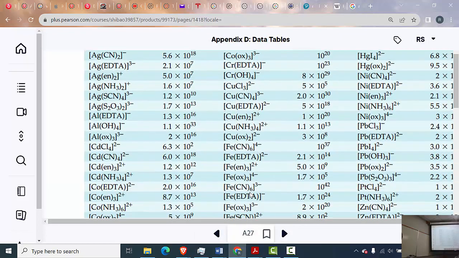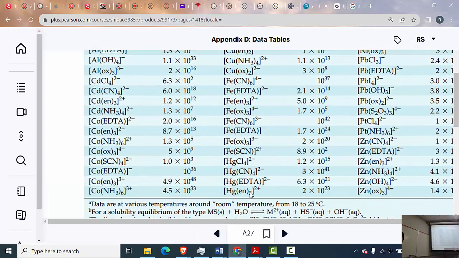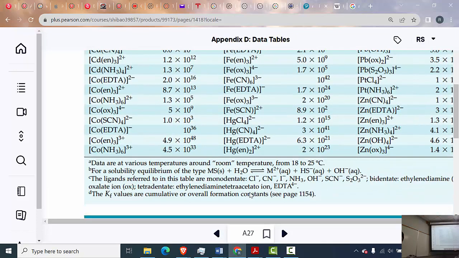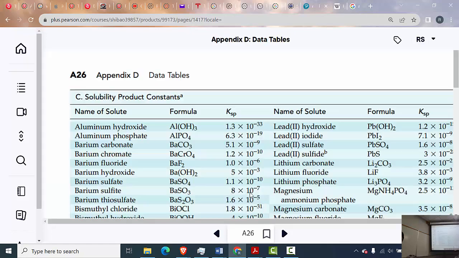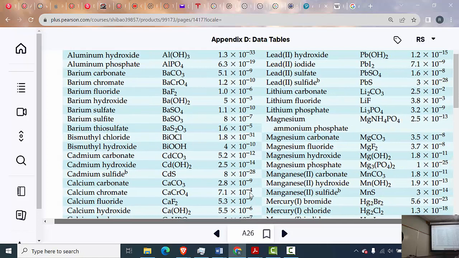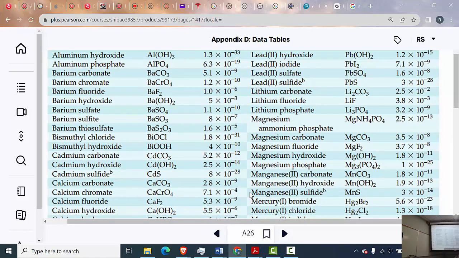So going to magnesium hydroxide, too far. We see a K_sp value of 1.8 times 10 to the minus 11 over here.